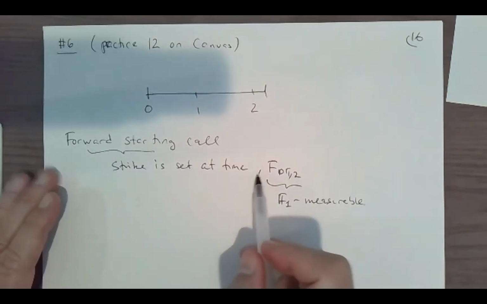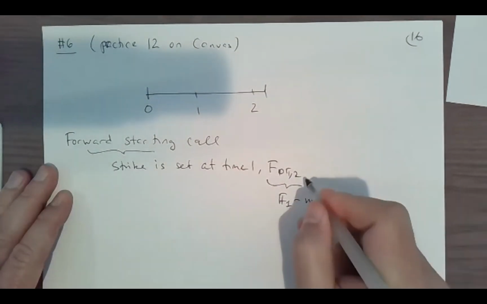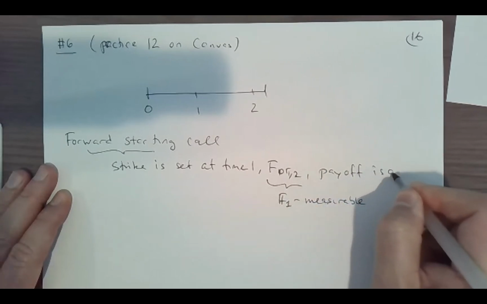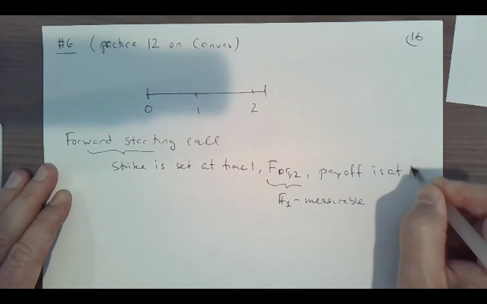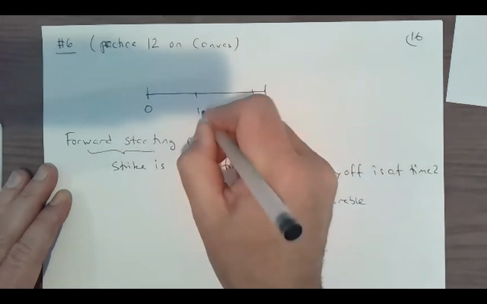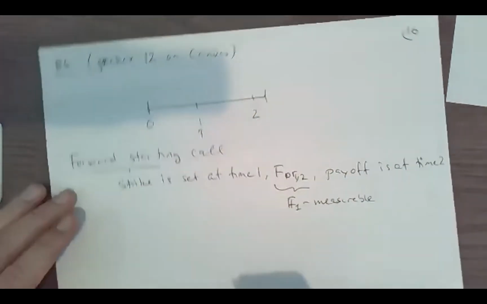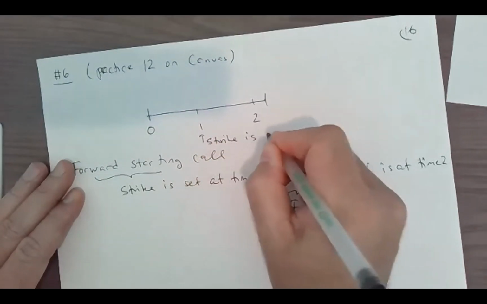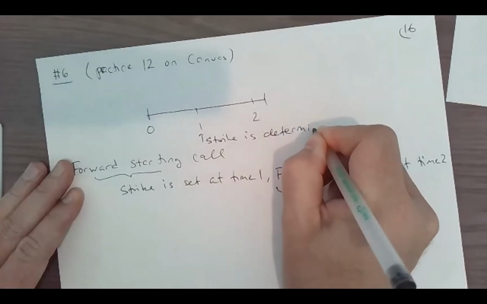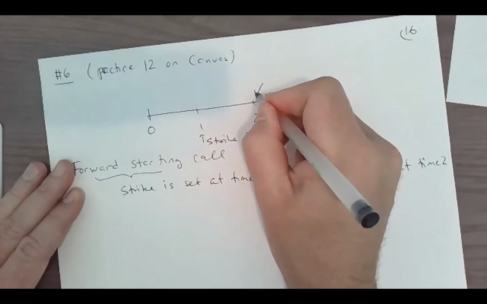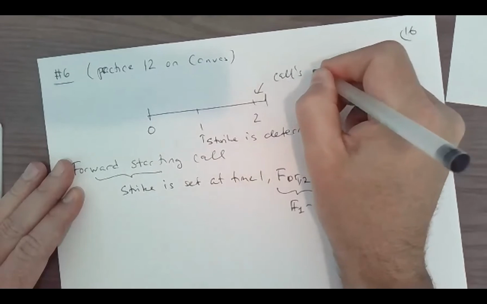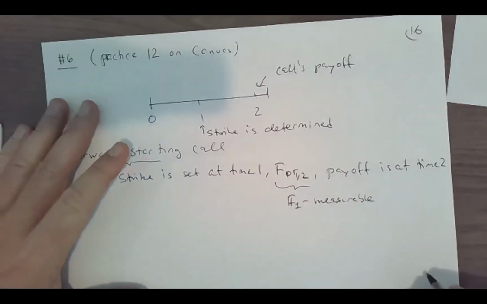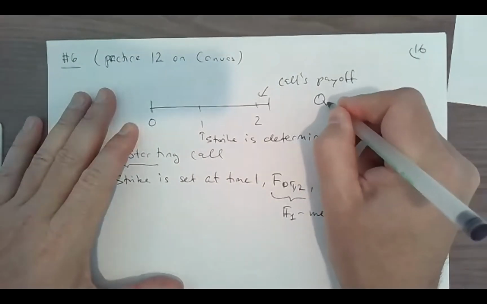The strike is set at time 1, and the payoff is at time 2. Here is when the strike is determined, and here is when we get the call's payoff. The call's payoff is written on the exchange rate, on Q2.